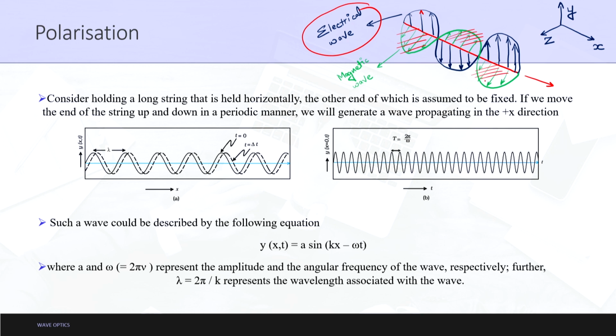If our eye is here, then the direction can be understood in this way: the vibration is happening only in this direction, either above or below.